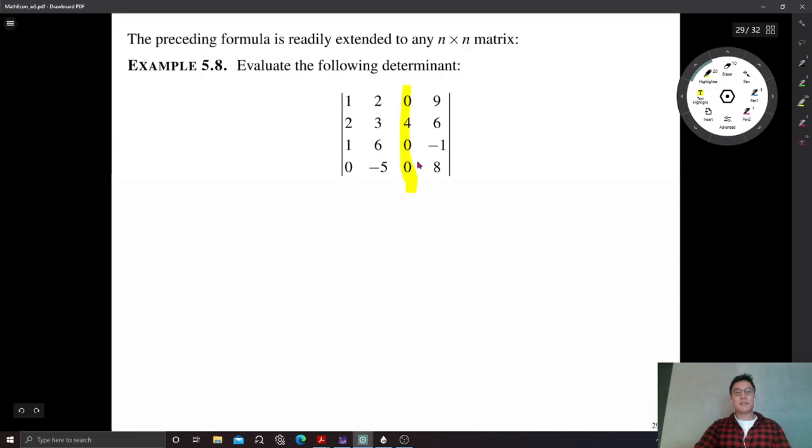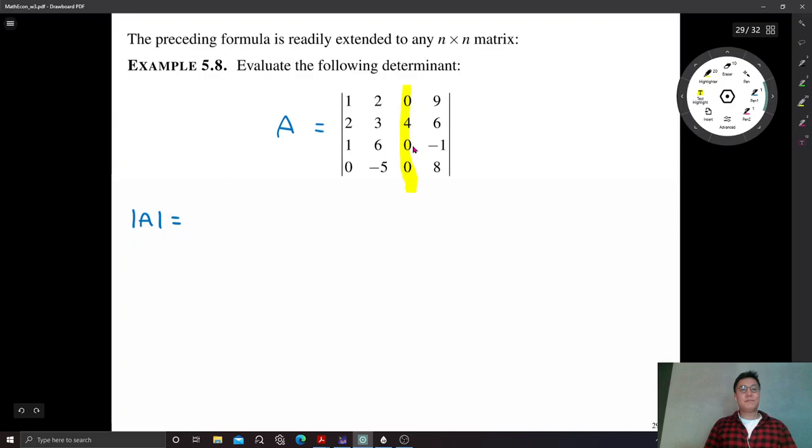Okay? And call this matrix A. Then A's determinant is just a single term, 4 times C sub 2,3, because the only non-zero entry, number 4, shows up in the second row and in the third column.